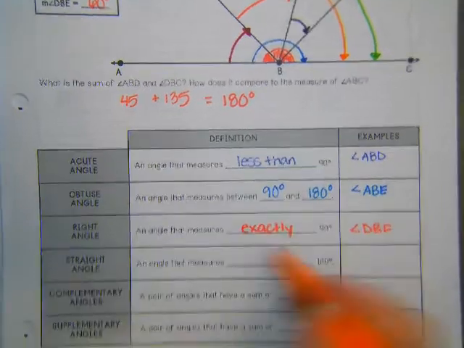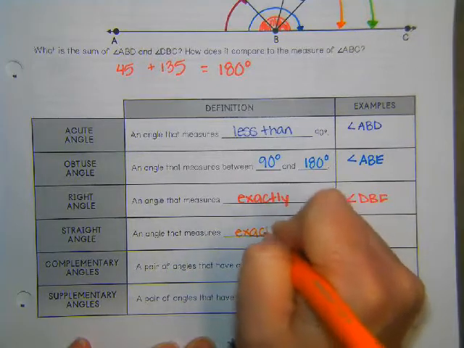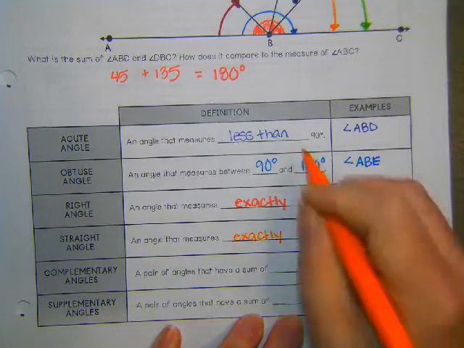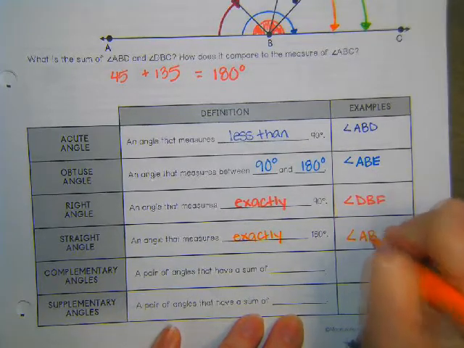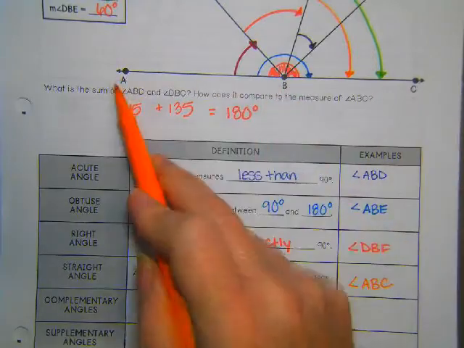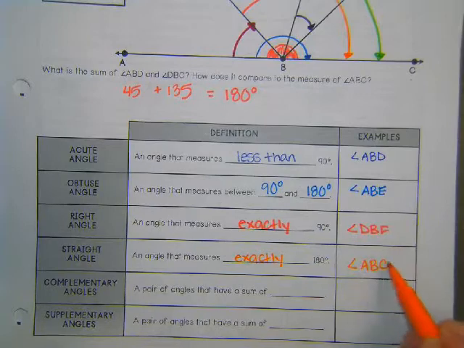A straight angle is an angle that measures exactly 180 degrees. So the angle that we could say would be ABC. Now I could have also said angle CBA. As long as B is in the middle, it doesn't matter the order of the A and the C.